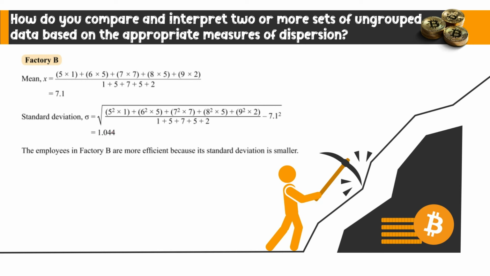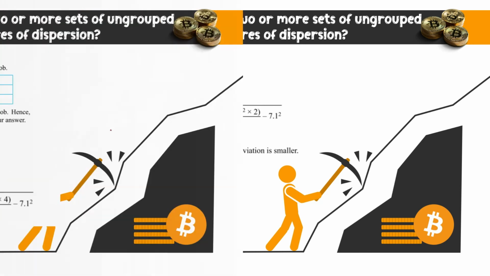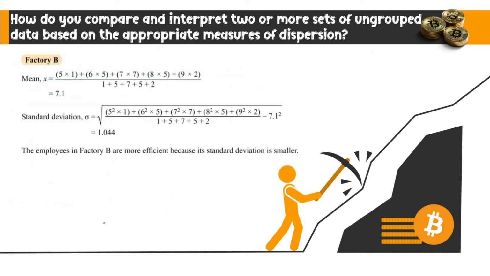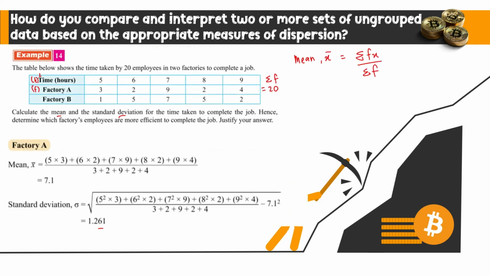So compared to factory A, which is 1.261, this one is 1.044. So it is lesser than 1.261.